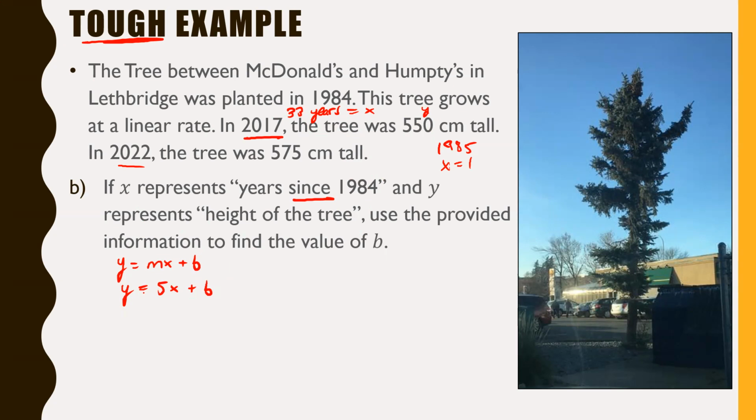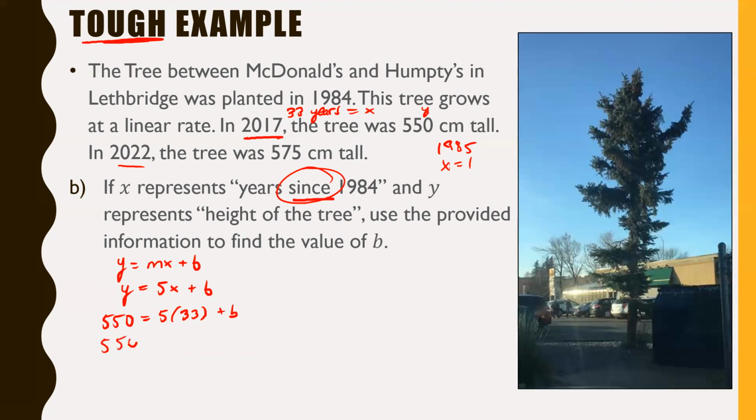To do that, let's just plug in a known X and a Y. Be careful, like I said before, X represents years since 1984. So since we knew 2017 was 33 years since 1984, we're going to say X is 33 and Y is 550. So 550 equals 5 times 33 plus B. First, I'm going to figure out what 5 times 33 is, which is 165.